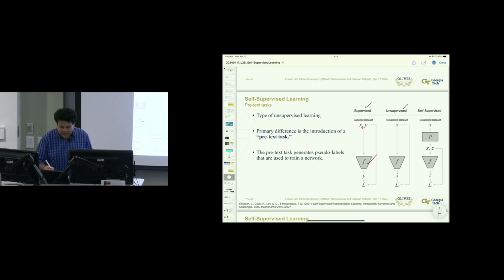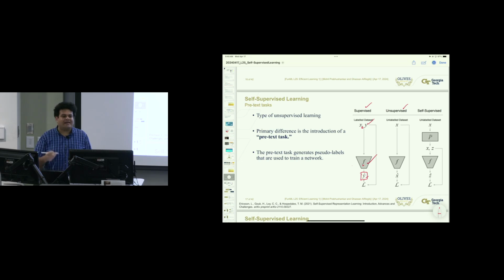You train a network F, you get some prediction Y cap, you take a loss between your Y, which is the ground truth that is given to you, and Y cap, which is your prediction. And you'll use backpropagation in order to update the weights within this F and construct the well-trained model, which is your F in this case. So supervised learning is pretty straightforward.